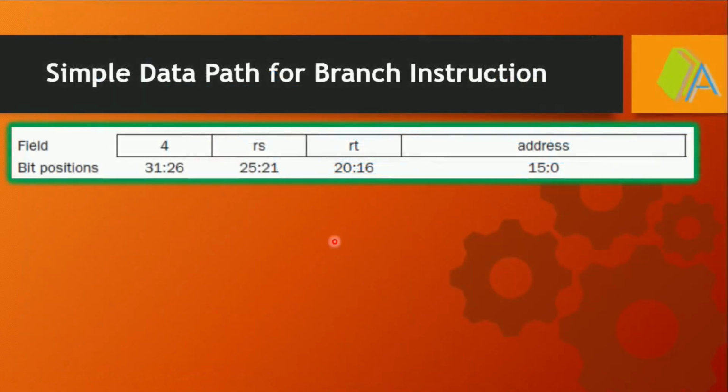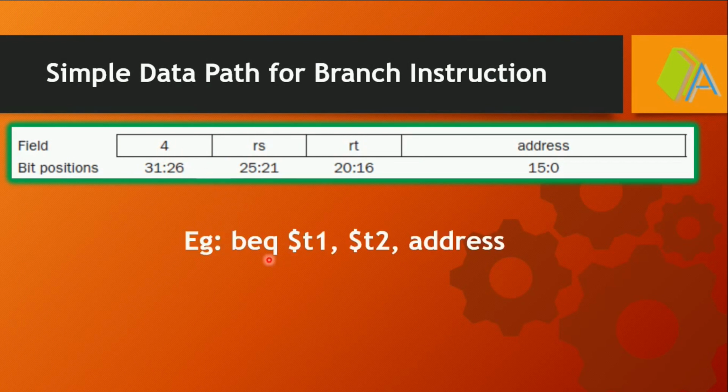So next one is for branch instruction. For branching, for example, I am going to implement the data path for this particular instruction. BEQ, the opcode for branch on equal is 4. So this is my RS, this is my RT, this is the address to be branched based on the content of T1 and T2.